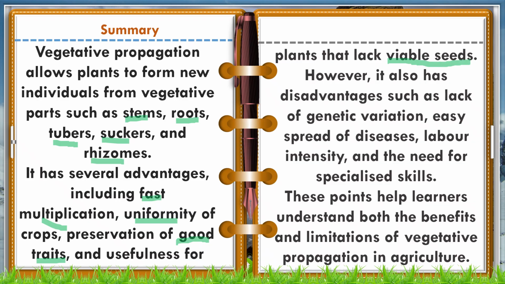However, it also has disadvantages, such as lack of genetic variation, easy spread of diseases, labor intensity, and need for specialized skills. These points help learners understand both the benefits and the limitations of vegetative propagation in agriculture.